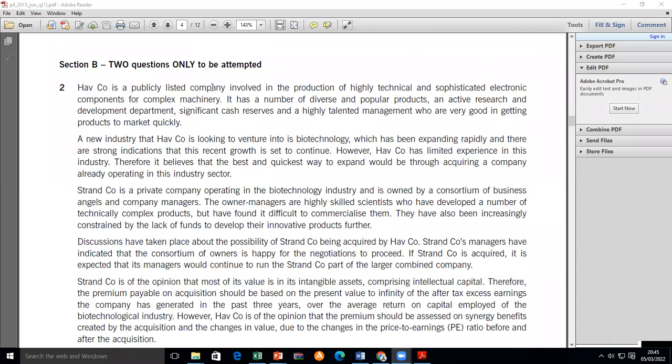H company is a publicly listed company involved in the production of highly technical and sophisticated electronic components for complex machinery.